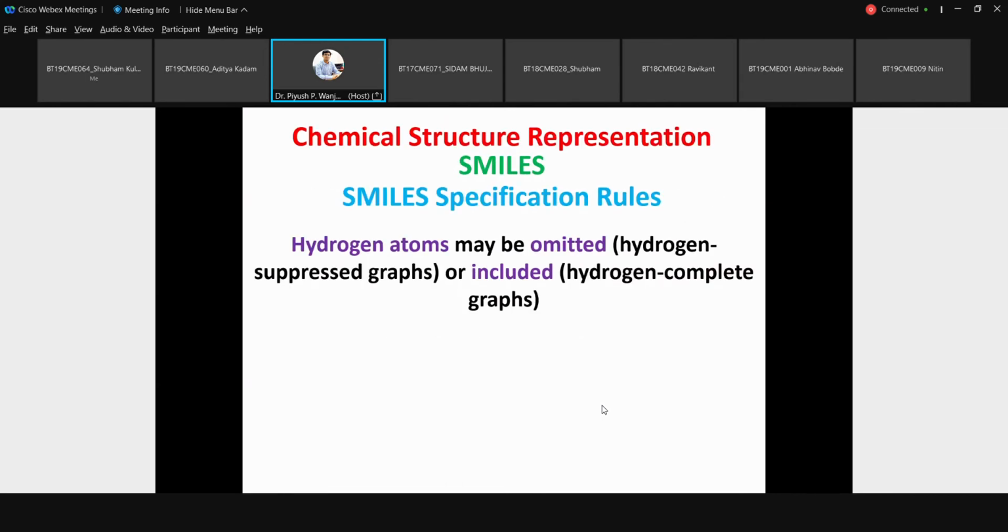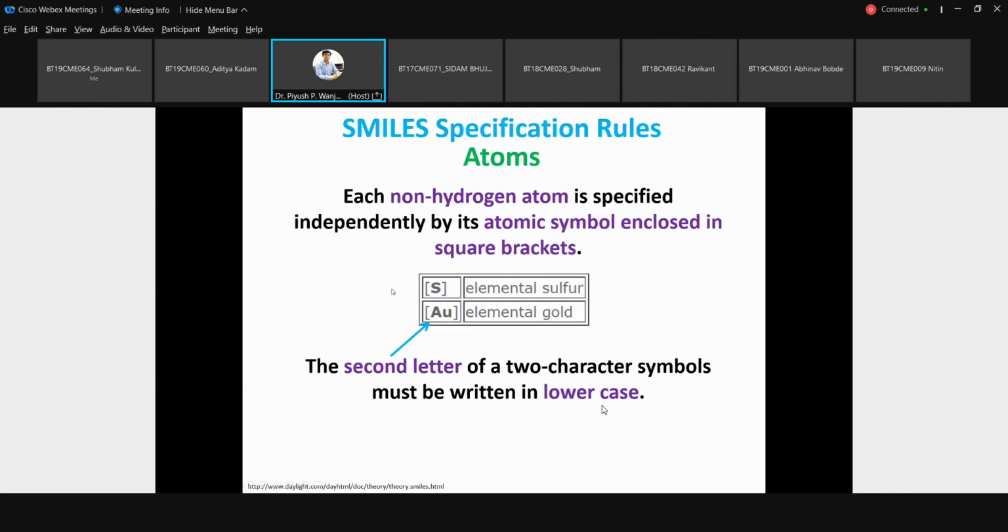You can represent structures in which the hydrogen atoms are completely omitted, or you can include them. Based on that, they are called hydrogen suppressed graphs or hydrogen complete graphs. Most of the time, whatever we are going to use will have hydrogen suppression so that the least processing is needed.